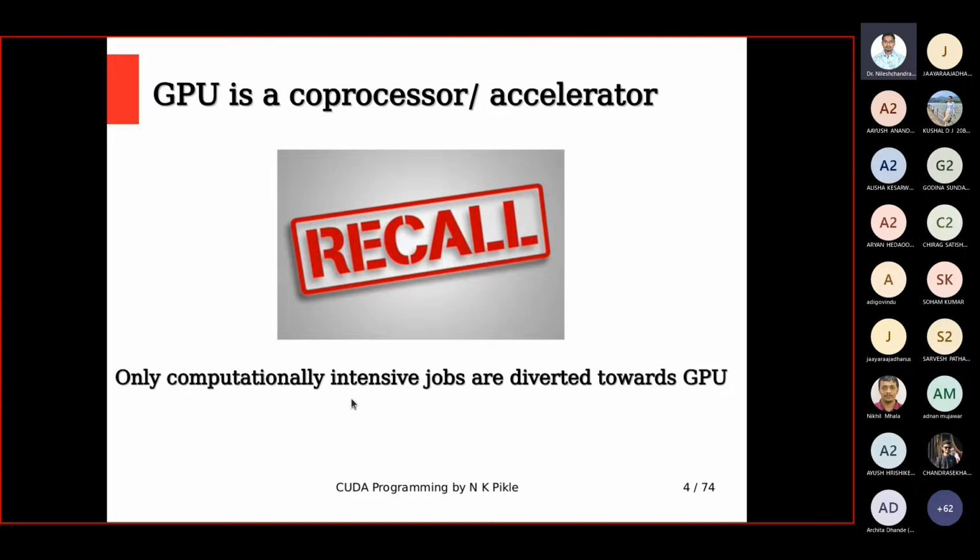Now, as I told you, GPU is going to perform only computationally intensive tasks. Not all tasks from your C program are to be deployed on the GPU. Only the required computations will be diverted towards the GPU, and what are the required computations? The tasks which are very computationally intensive.